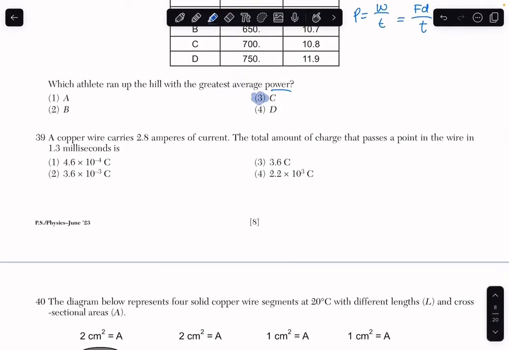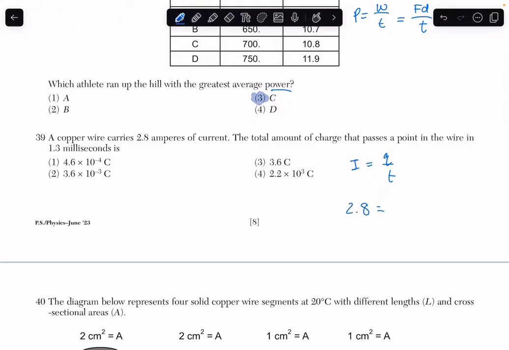39. A copper wire carries 2.8 amperes of current. The total amount of charge that passes a point in the wire in 1.3 milliseconds is... So let's see here. Let's look at the different electricity equations. So the one that's going to fit this question is I equals Q over t. So we have our I, that's going to be 2.8 amperes of current.